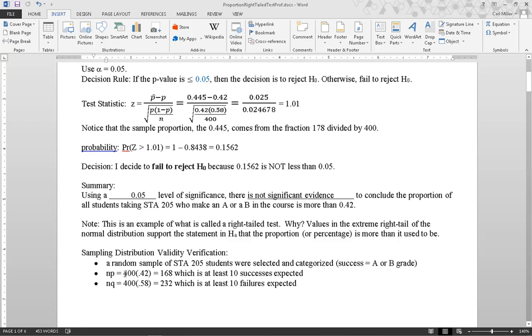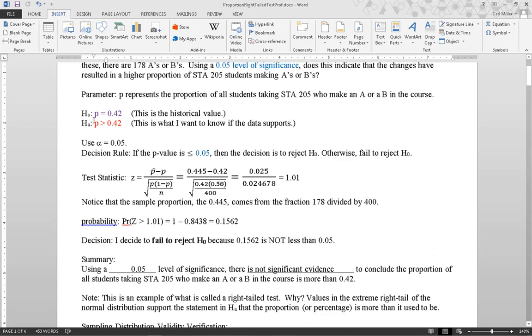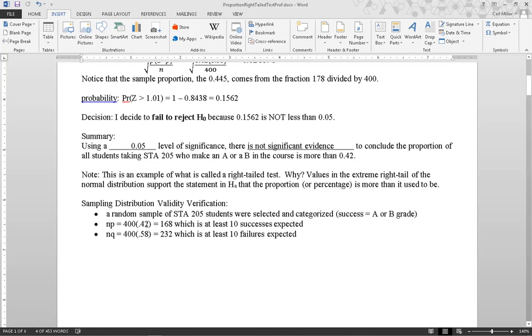N times p, the sample size was 400. p, if the null hypothesis is true, that's what we use for the hypothesis test, is 0.42. 400 times 0.42 is 168. So I expect 168 successes, or 168 A or B grades, to happen if the null hypothesis is true. And remember, that needs to be at least 10. 168 is at least 10, so that's okay.